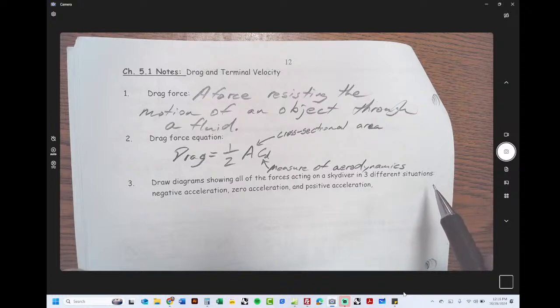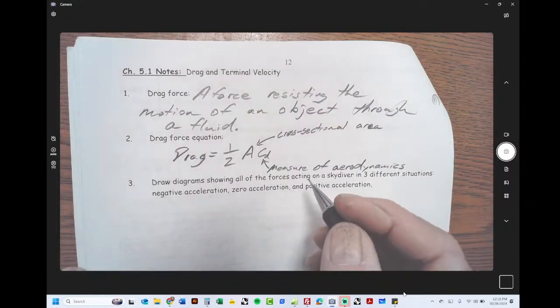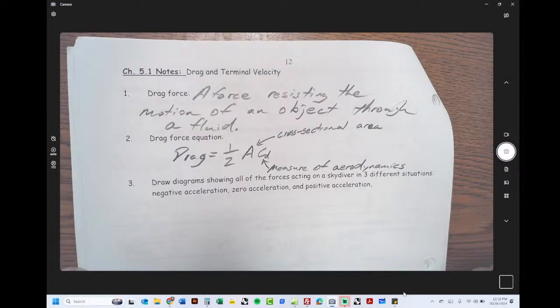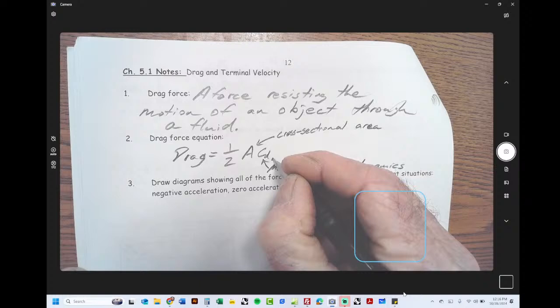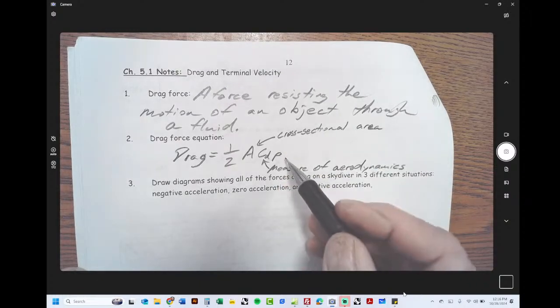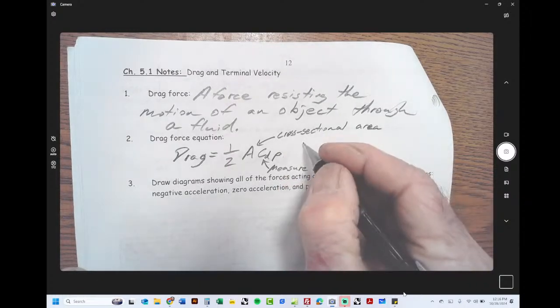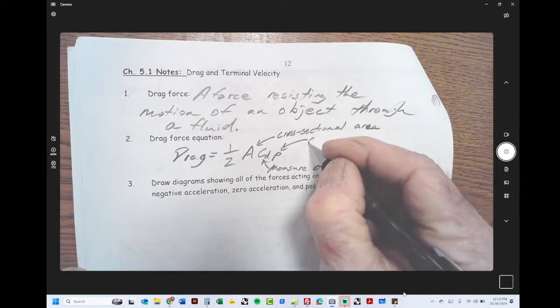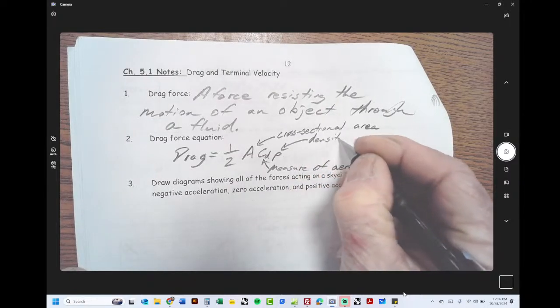Teardrop, airfoil. It's like the cross-section of an airplane wing, sort of. And then, what's something else that's in here? The one that looks like a p, but it's actually a rho, which stands for density. So this would be air. This is the density of the fluid.